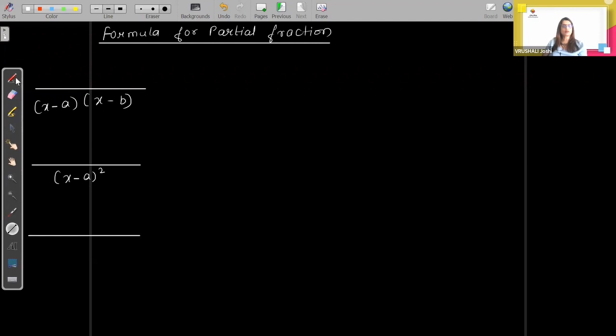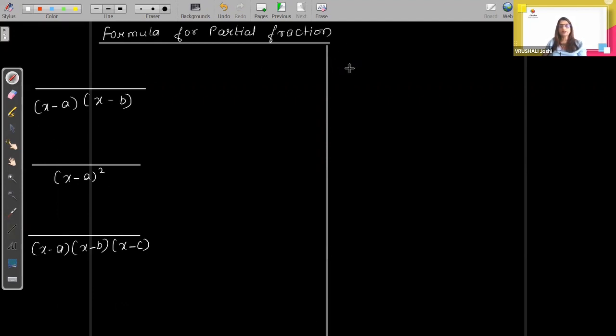So from the first form a cubic can come, correct? How will cubic come? You will get it as x minus a into x minus b into x minus c, correct? Like that you can get cubic. What is the other way of getting a cubic form? It can be a quadratic multiplied by a linear, correct?